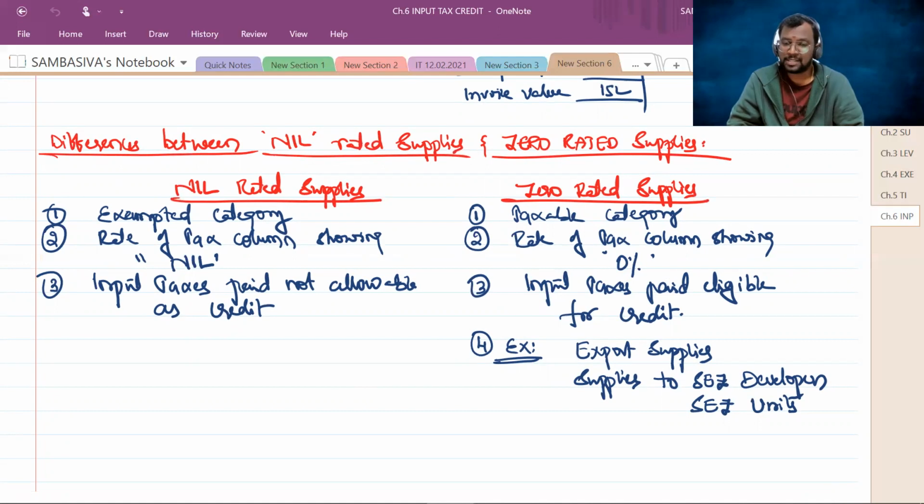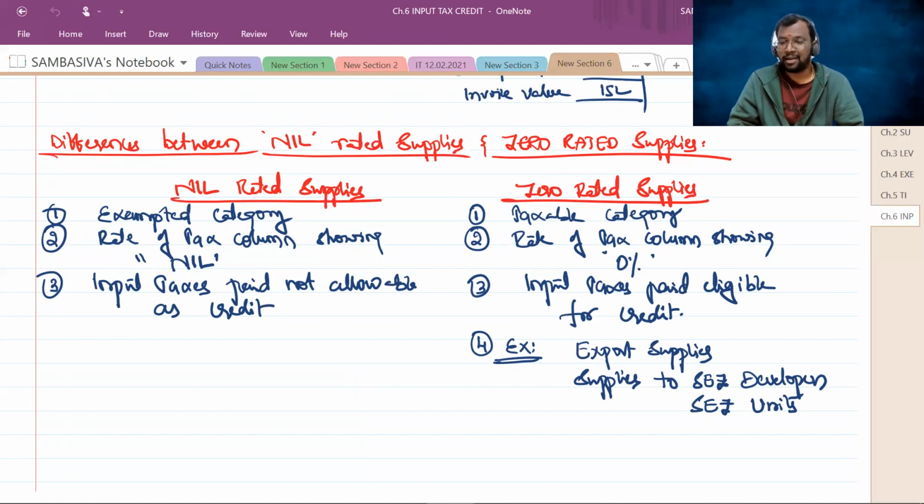Our products become globally competitive, globally recognized, and more and more industrialists will come forward and start doing businesses. Thereby the unemployment rate will get reduced, and many youth will get employment. Our forex reserves will increase. There are so many benefits, so that's why we should encourage exports.